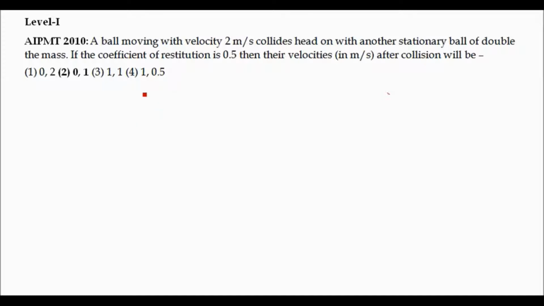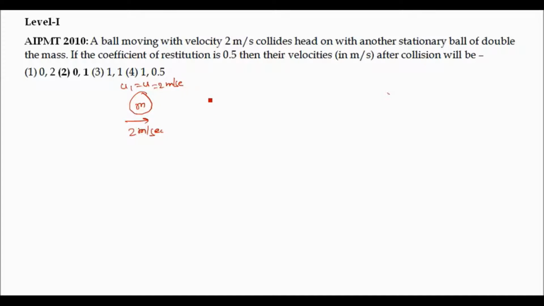So first I draw the figure pertaining to this problem, and this is our ball having mass m. It's moving with a velocity equal to 2 meter per second. We consider this velocity u1, and it is equal to u is equal to 2 meter per second.